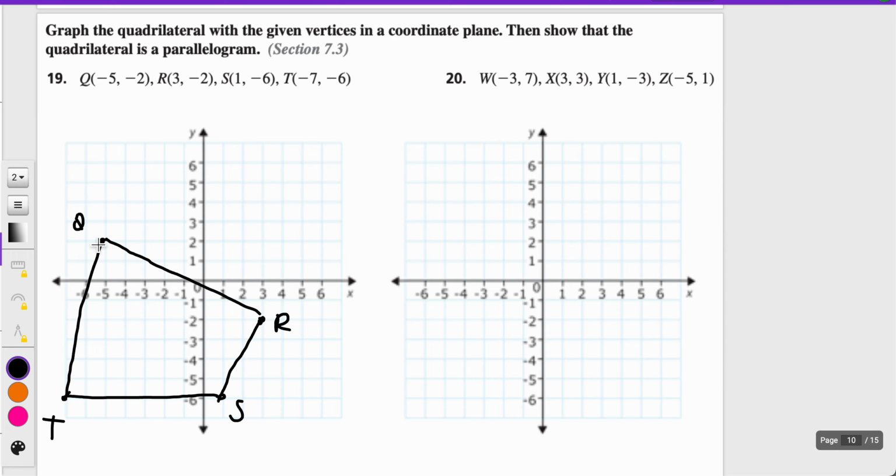And then I just want to prove, is this a parallelogram? So what I would need to do is look at maybe QR and ST to see if it's parallel, and then RS and TQ. And I'm just going to talk about the slopes.